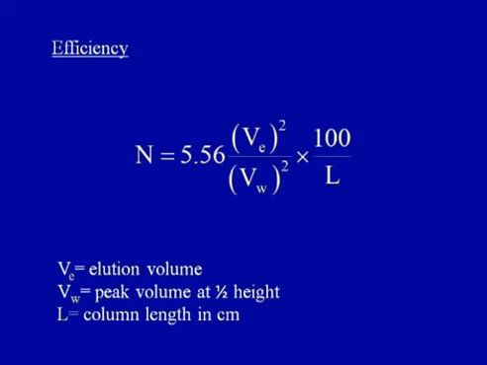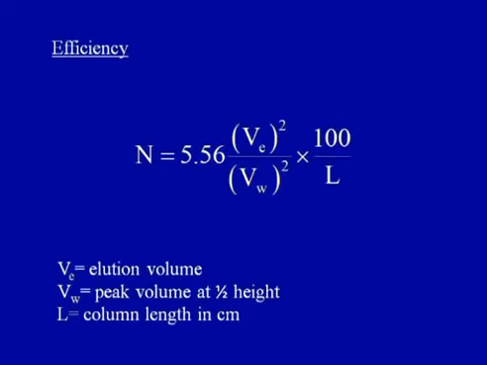If we consider the efficiency of a gel filtration column, if you could recall, we were talking about the theoretical plates. The more the number of theoretical plates, the better the resolution, the better the separation power of a column.